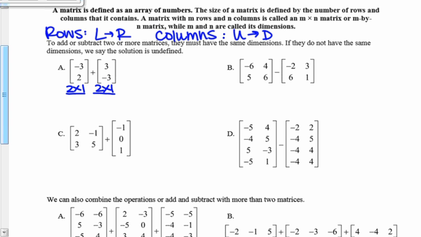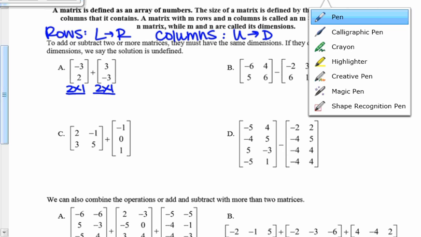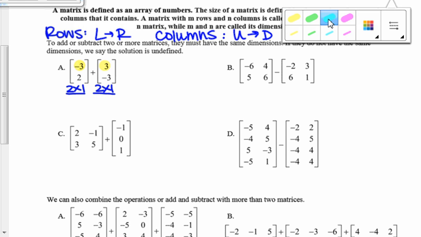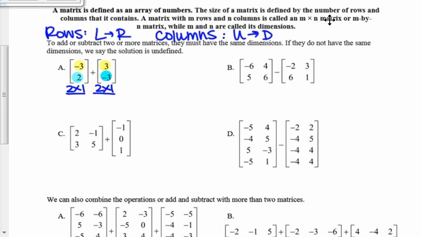So we're adding, and basically all I want to do when I'm adding or subtracting matrices is take every single term in the positions and add them or subtract them together. In this case, we're adding. So basically, in the first matrix, that -3 is on the very top.